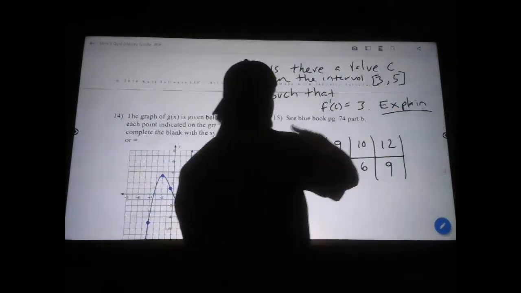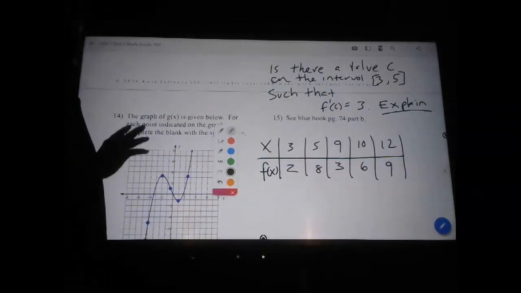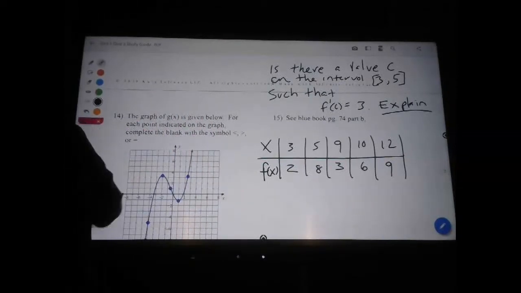Okay, so this is an MVT question, a mean value theorem question, but it's an FRQ, a very common FRQ question, and so I wanted to get that on our quiz.